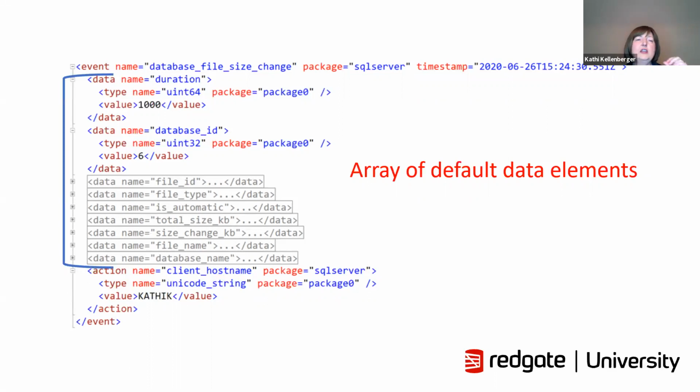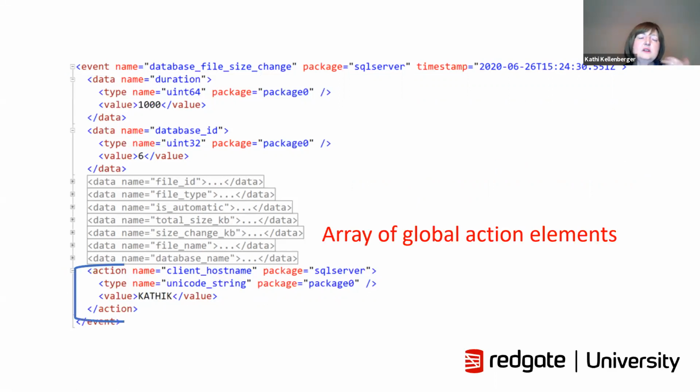All right, within the event, there is an array of data elements. These are those default items that you get for that specific event. So in this case, for the database file size change, there are a number of default data elements that come back. There are also optionally some action items.